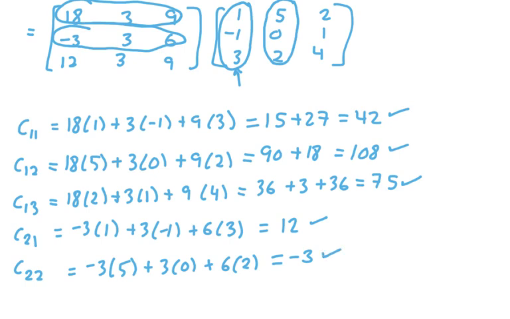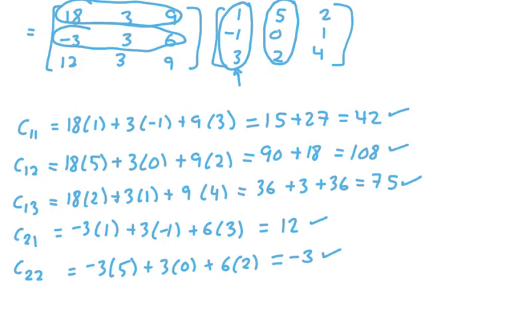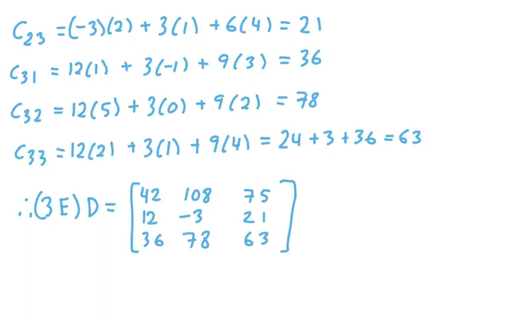That's negative 3. And we're almost done. C23. I'm looking at the second row of 3E and the third column of D. That's negative 3 times 2 plus 3 times 1 plus 6 times 4. 21.